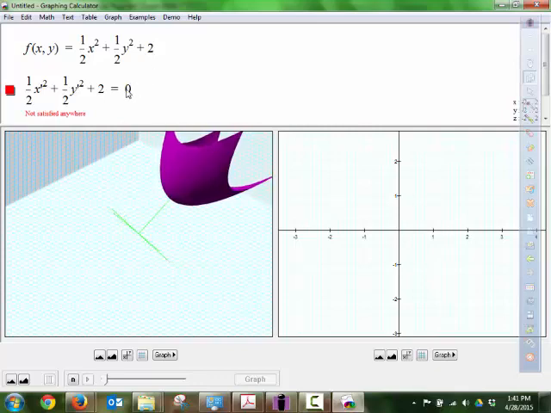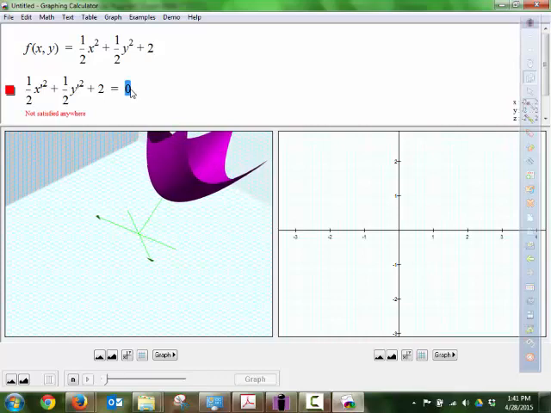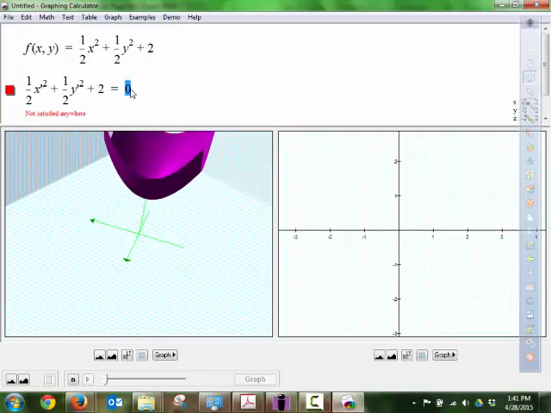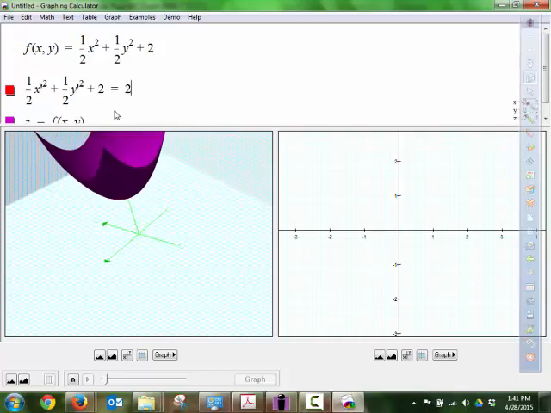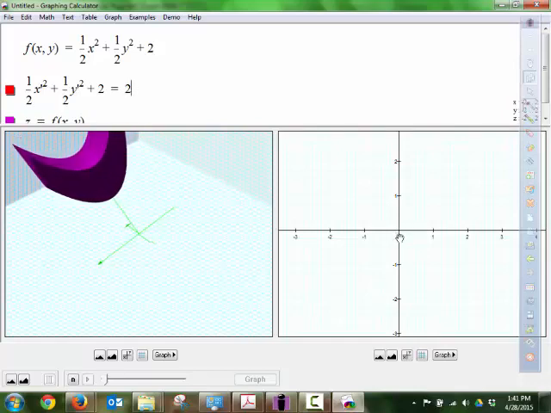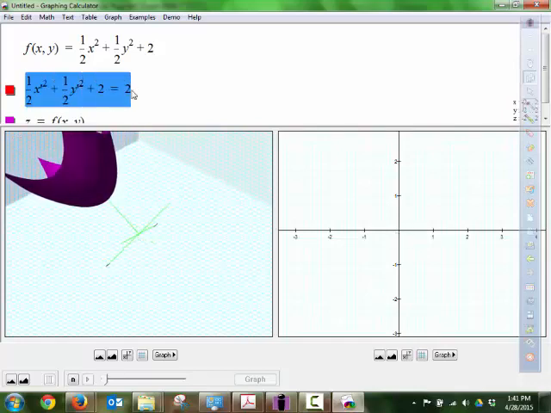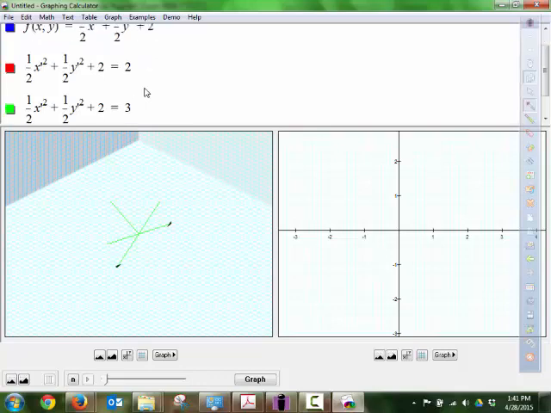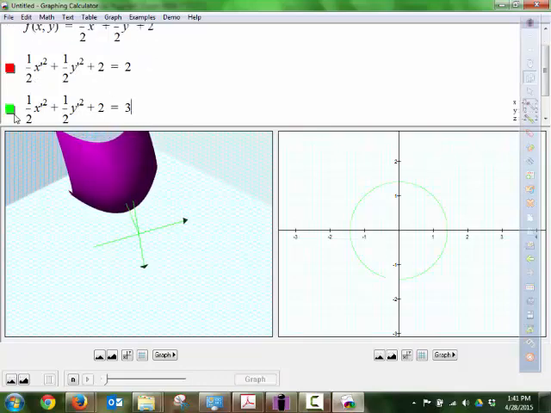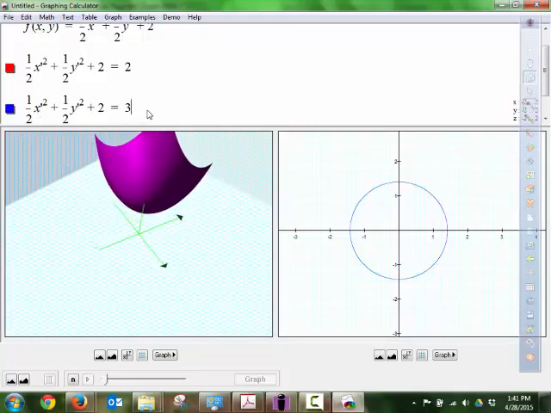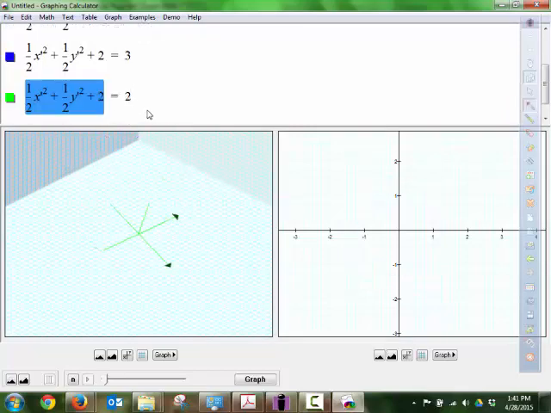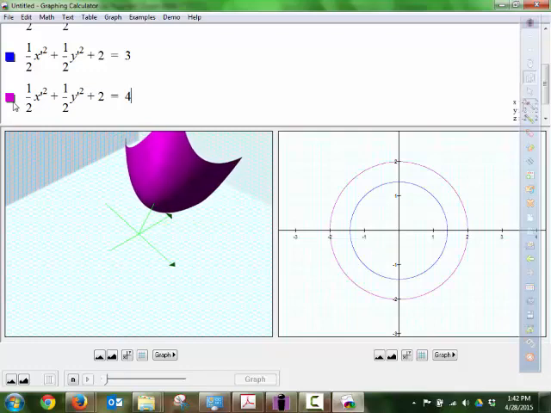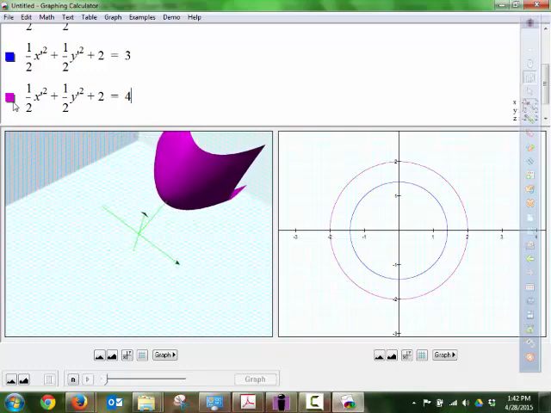So let's make it equal to at least 2, maybe 3. Actually, 2 would just be a point. Three would give us something a little bit better to look at. So with 4. Okay, so these are sample level curves.